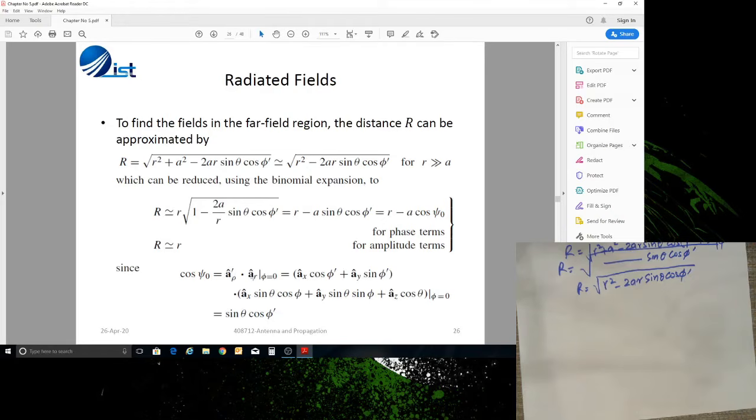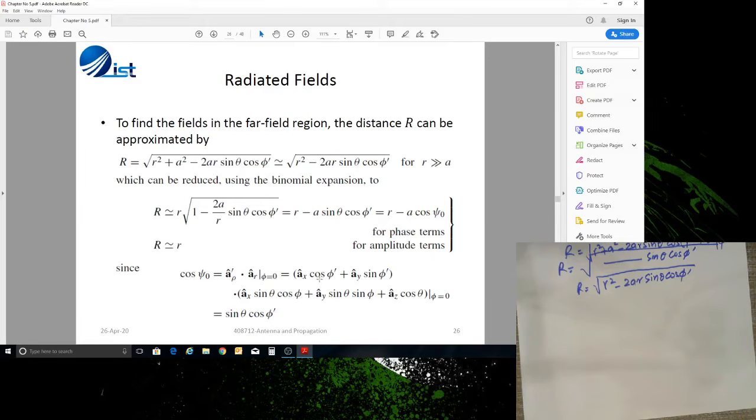And your AR, the spherical component, in terms of Cartesian coordinates can be transformed using AX sin theta cos phi plus AY sin theta sin phi and AZ cos of theta. Again, we need to find this dot product, but because of our approximation, the whole expression for the E field will be independent of phi, so you can consider any phi value. For simplicity we have considered phi is equal to 0.